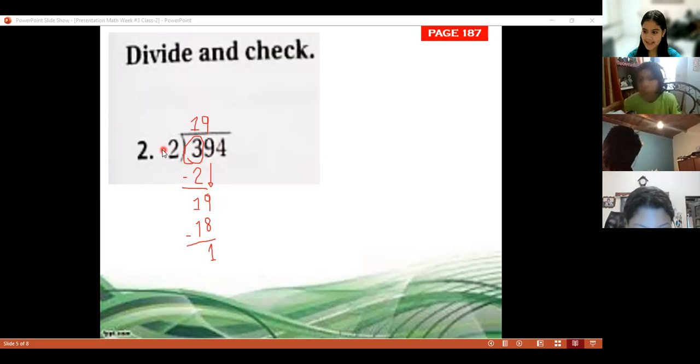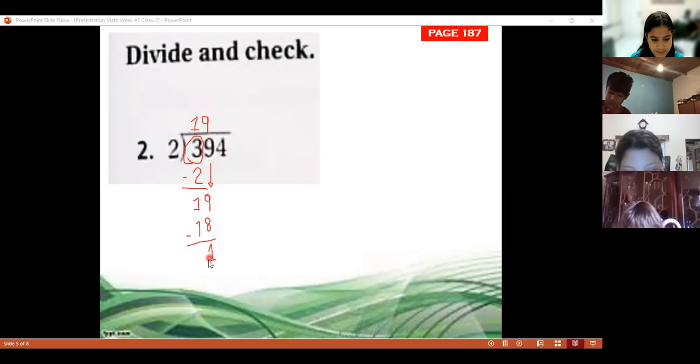Now 19 divided by 2, we say 2 times 9. 2 times 9 is 18. 2 times 10 is 20, so we cannot use 2 times 10, but we can use 2 times 9 because 18 is less. 19 minus 18, then we put down the 4.